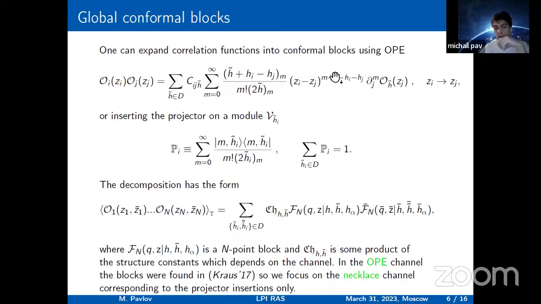They were found by Kraus and collaborators in this article. But there is an opposite case, when you only insert projectors, and these blocks, which we call necklace blocks, are unknown in closed form. There are some expansions, but they are not known in closed form.